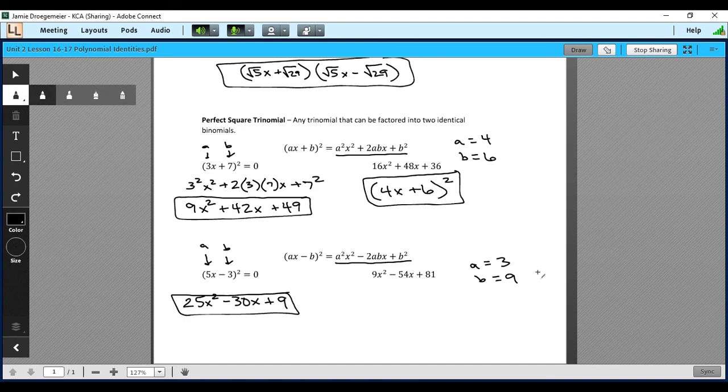And then knowing that, that's going to be 3x minus 9 inside, and that quantity squared. So 3x times 3x is 9x squared. Negative 9 times negative 9 is positive 81. And then negative 2 times 3 times 9 gives me that negative 54 in the middle.